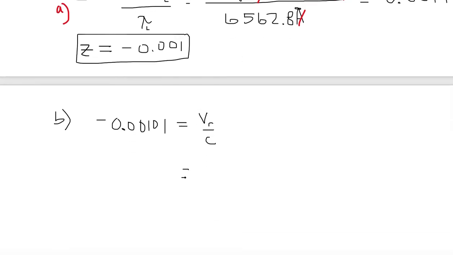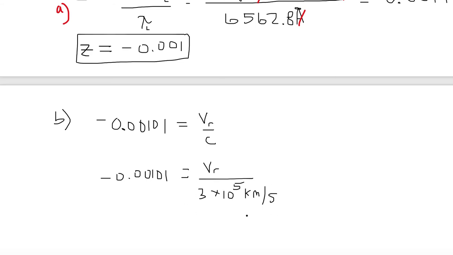All we need to do is substitute in for the speed of light, which is about equal to 3 times 10 to the 8th meters per second, or 10 to the 5th kilometers per second. And since we know we want units of kilometers per second, I'll put the speed of light in terms of kilometers per second. Carry our Z value down, 0.00101.